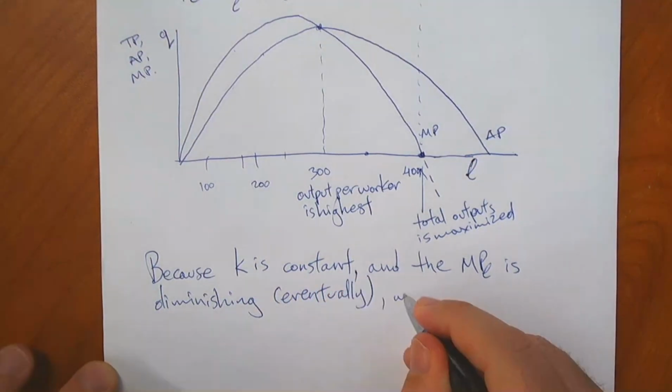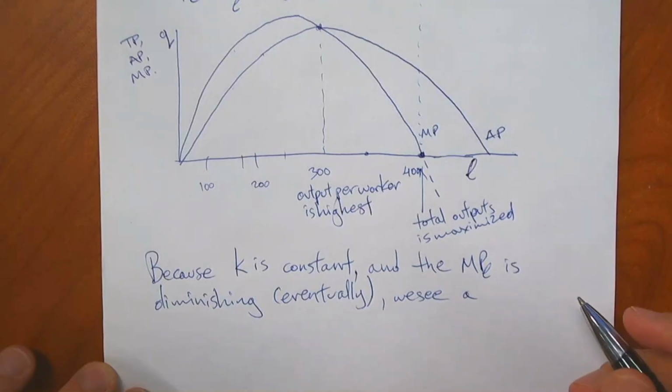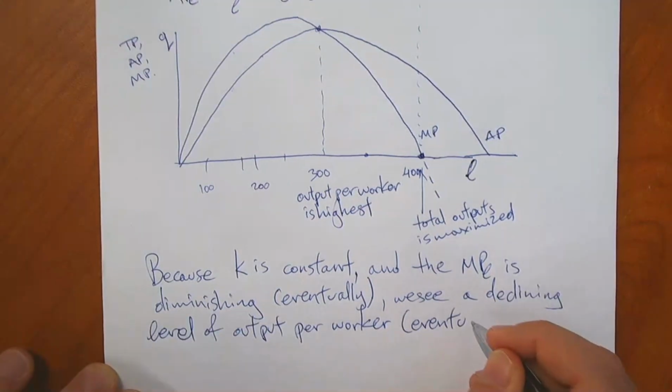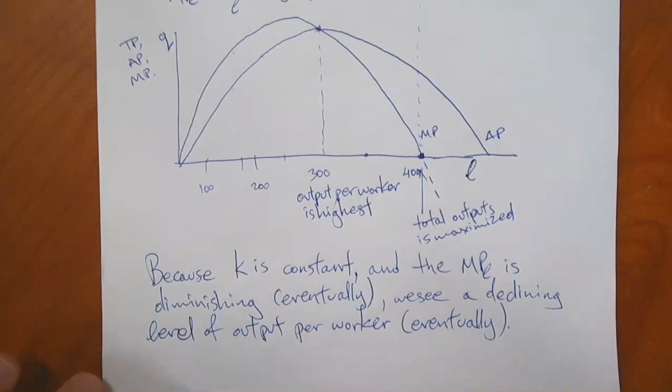Not always. We see a declining level of output per worker. Eventually, right? Not in the beginning of the production process. And that is going to be defined by the functional form that we pick. Or in our case, the manufacturing engineers tell us that we looked at the data and we fit the data, and this is the functional form that we're dealing with given our technology.